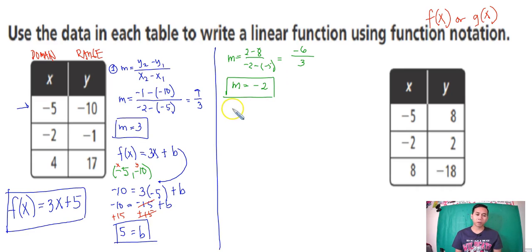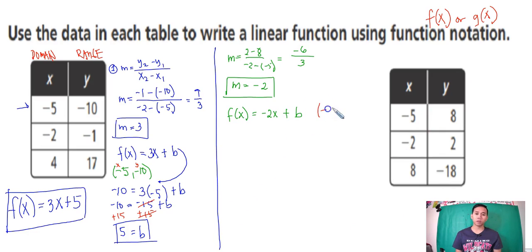And to find the value of b, f of x is equal to -2 as our slope times x, and then plus b. This is b, not 6. I can choose any of the points here, so I'll use red color.